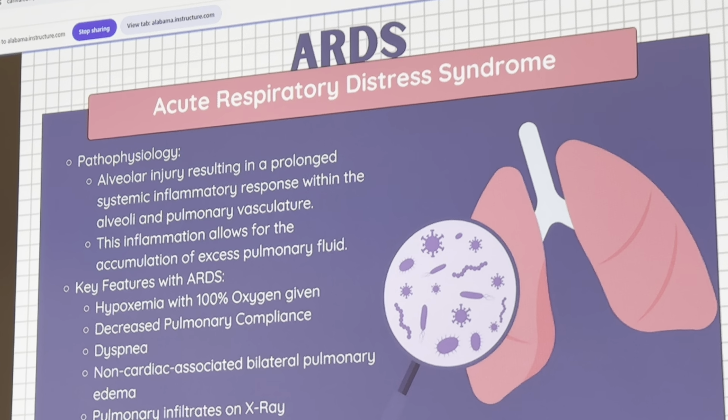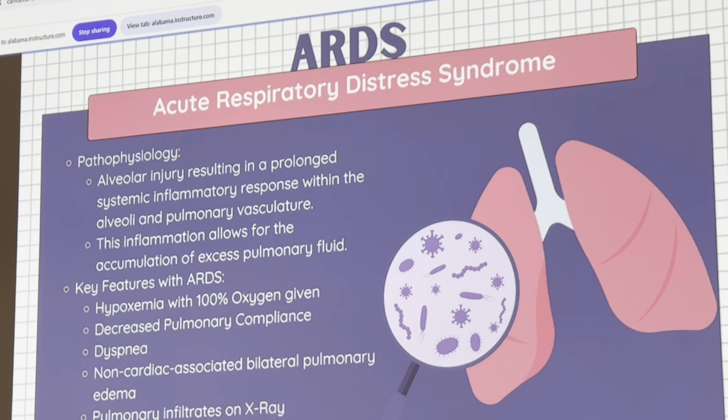So even if they're on the ventilator and my FiO2 is at 100%, I'm still going to have hypoxemia. And that's going to be based off of my PO2. Remember that normal is 80 to 100, so less than 80. Even though I'm giving them 100% pure oxygen, I'm still going to have that hypoxemia occur. So that's really one of those big ones right there.